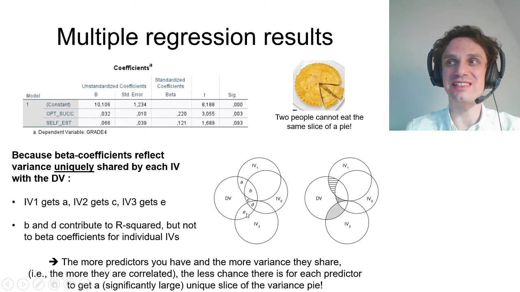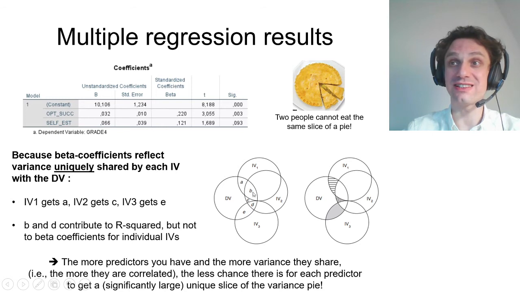In a multiple regression, IV1 will get this portion A, IV2 will only get portion C, which it shares with the dependent variable, but it does not share with IV1 or IV3. And IV3 will only get the portion E.